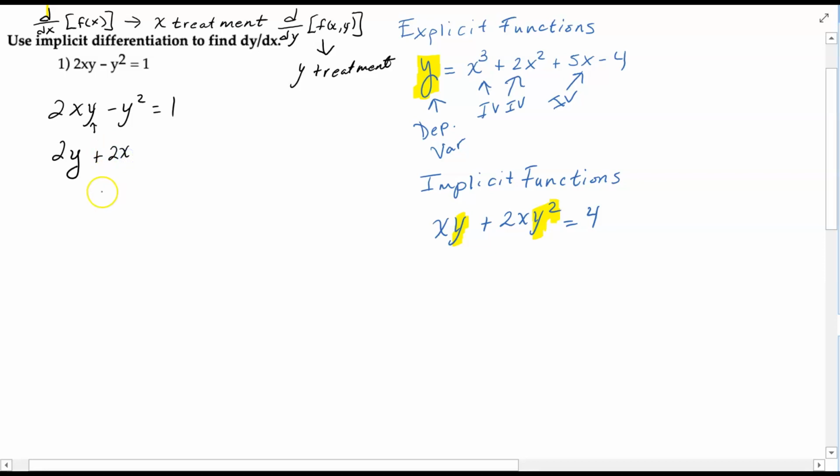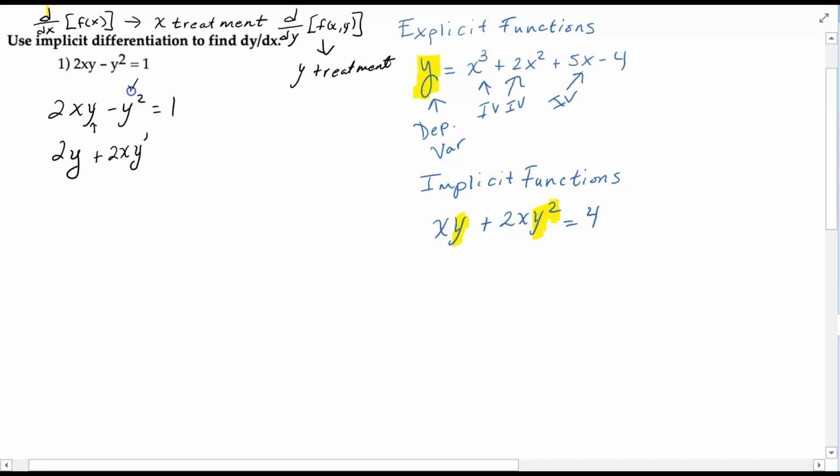But because I took the derivative of a y, I have to state that I've taken the derivative with respect to y, and I'm going to write y prime. Sometimes some teachers will say write dy dx, but I write y prime. It's just easier to keep track of.